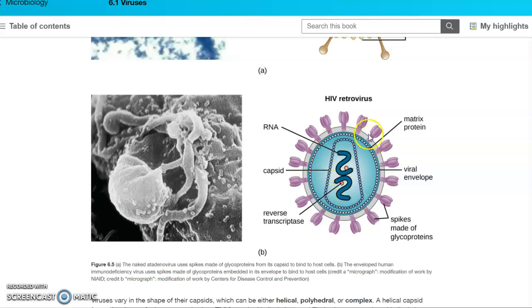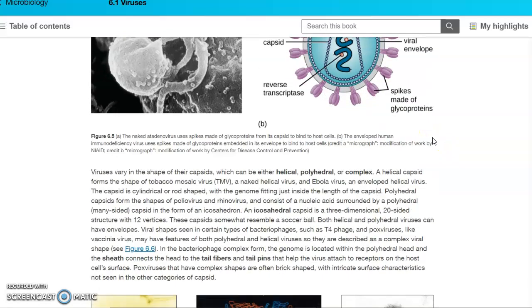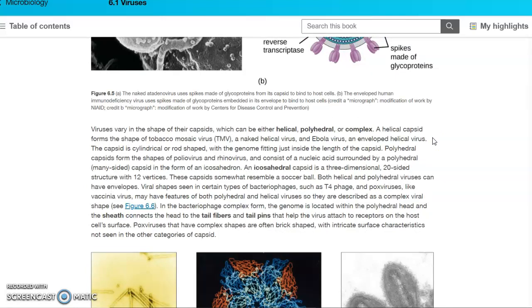We've got our capsid, and then we have the envelope around it, and then again we have some glycoprotein spikes on the outside. And typically the purpose of these spikes is to allow the virus to attach to or dock with the host cell.